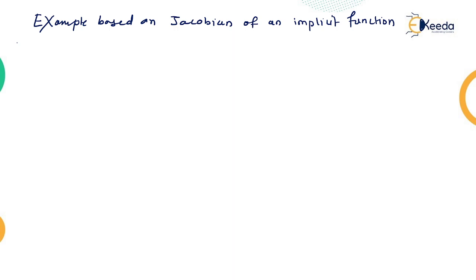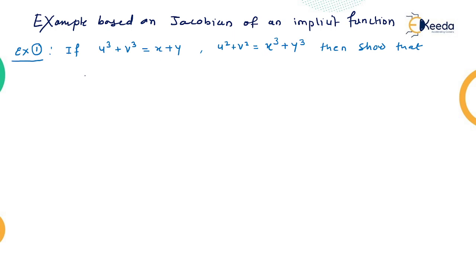So example number 1, I am writing here. If u cube plus v cube is equal to x plus y, comma, u square plus v square is equal to x cube plus y cube, then show that dou(u,v) upon dou(x,y) is equal to 1 by 2 into (y square minus x square) upon uv into (u minus v).